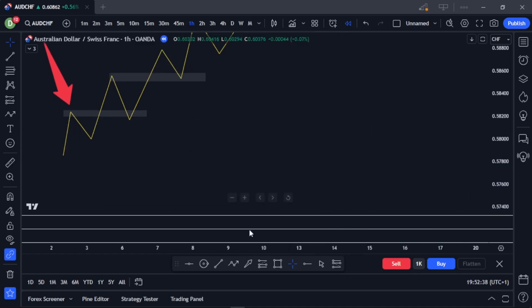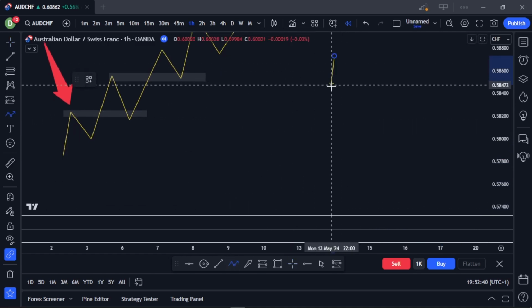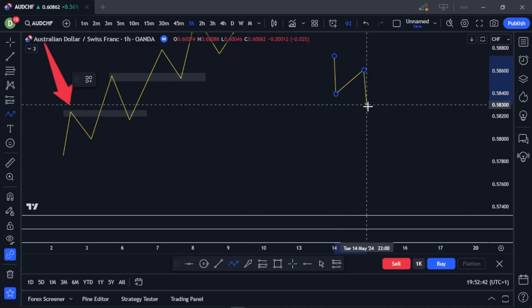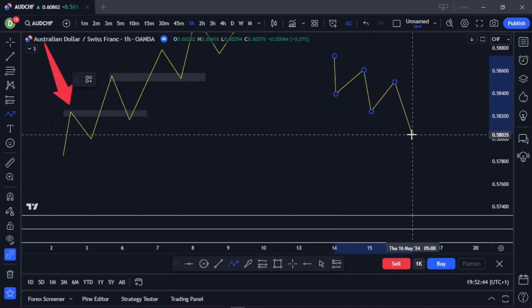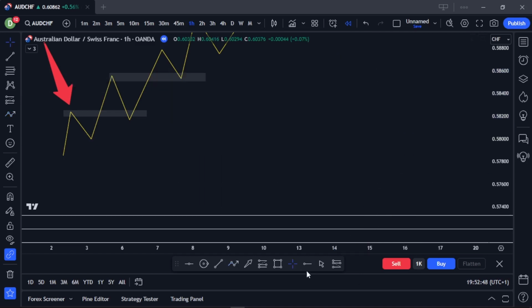If the market is moving downwards, the market will come like this. Am I getting this right? Let me go back a little bit. So in a downtrend, it will look like this.